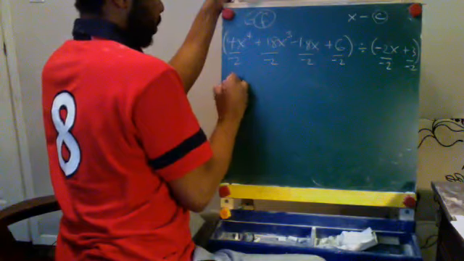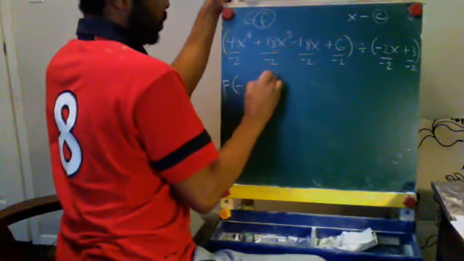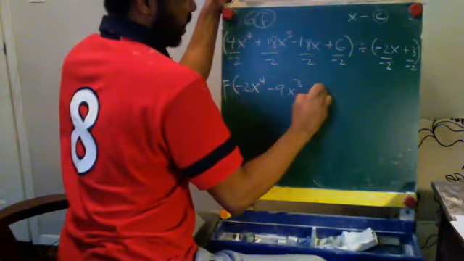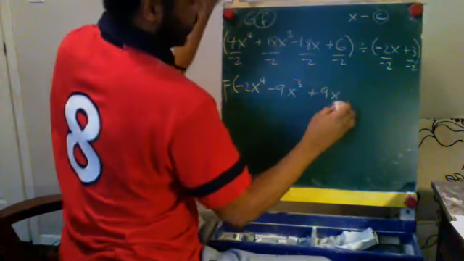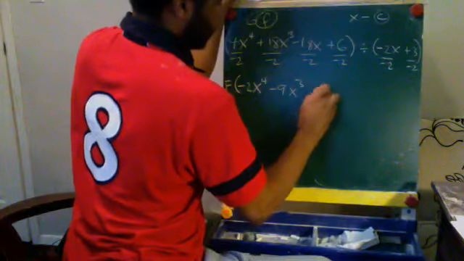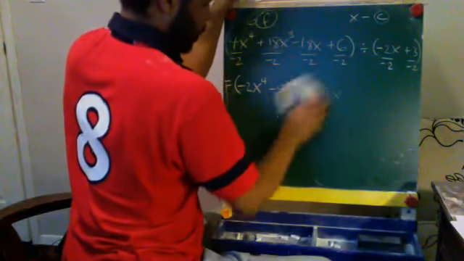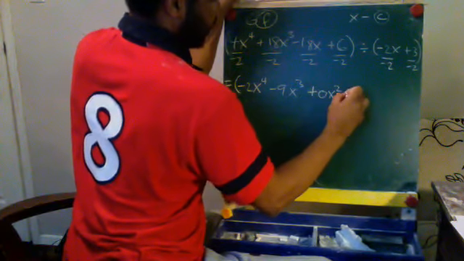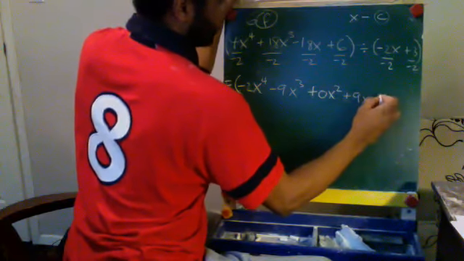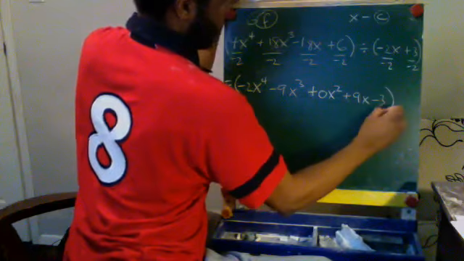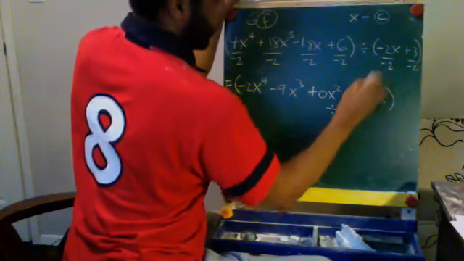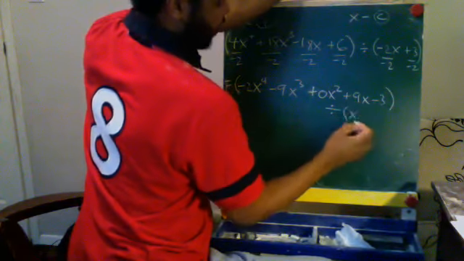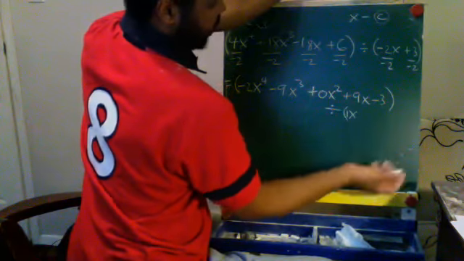So this is going to be equal to -2x to the 4th minus 9x cubed plus 0x squared plus 9x minus 3, and everything is being divided by x, because -2 divided by -2 is 1, so it's going to be a 1x, which we could just write as x.